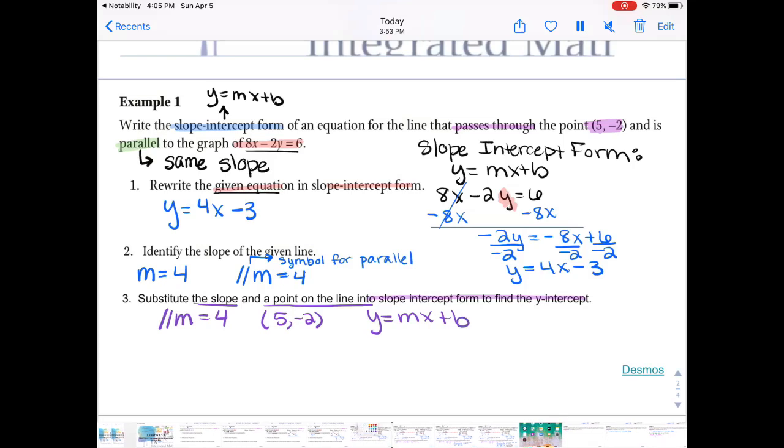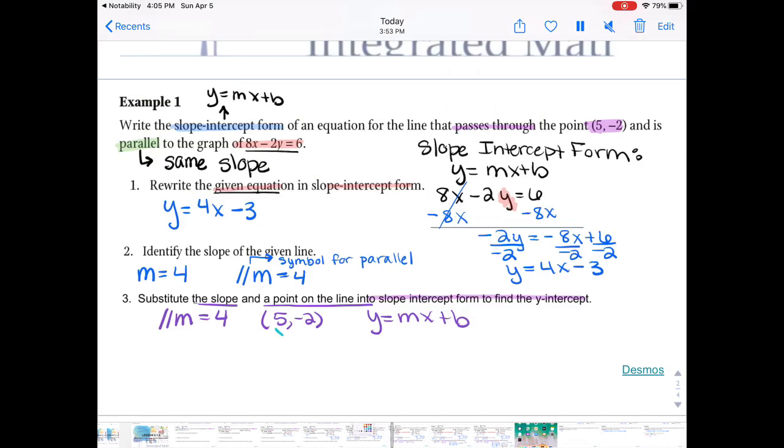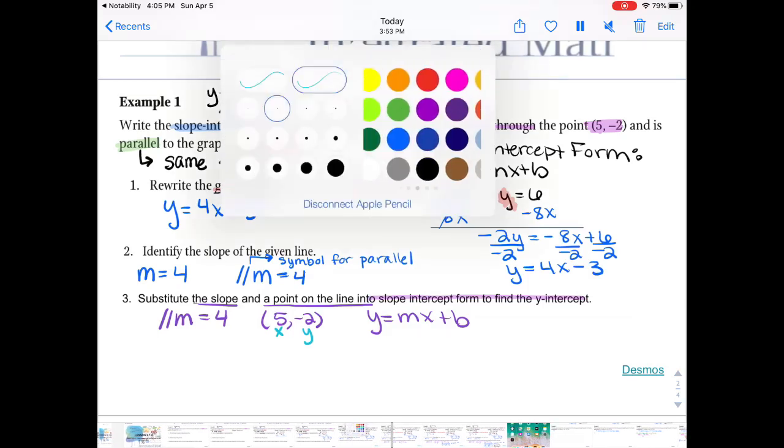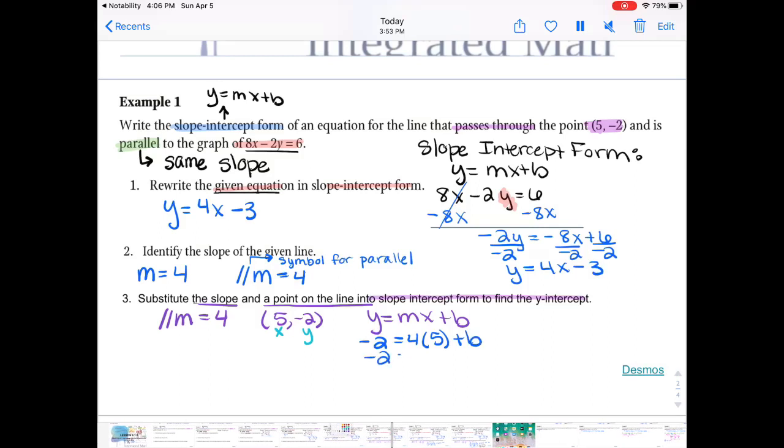Well, we have the slope, and we also have the point on the line. Remember, the point on the line is a solution. So we actually can represent the x value as 5 and the y as -2, since it is a solution to the equation. So for y, we're going to plug in -2 equals 4 for the slope, 5 for the x-coordinate, plus b. So the goal right now is to solve for b.